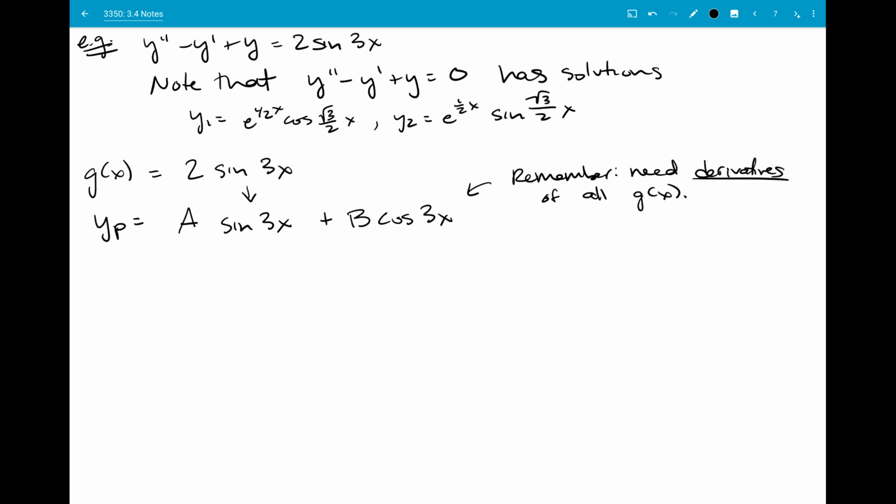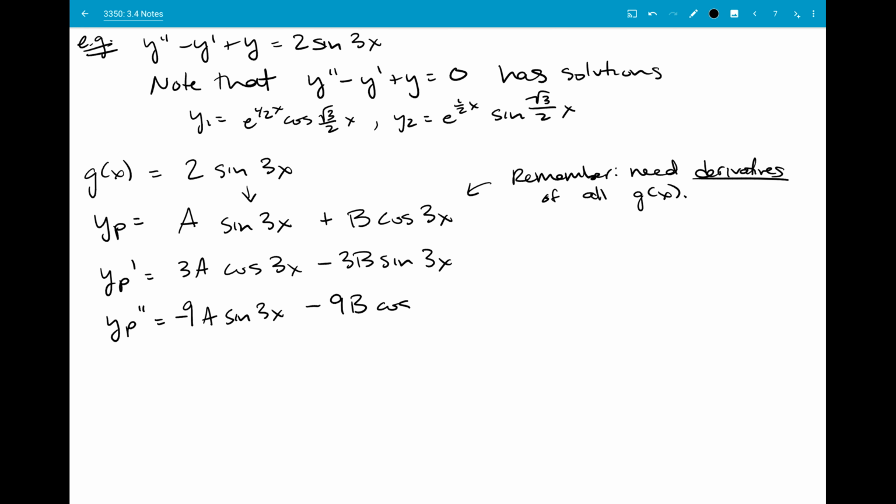All right, now that we have y sub p, our goal is to plug it into the differential equation. That means we're going to have to take derivatives of it. So let's do that now. y sub p prime is going to be 3a cosine 3x minus 3b sine 3x. And then y sub p double prime, since this is a second order equation, I'm going to need that as well, is going to be minus 9a sine 3x, that's going to give me a negative sign again, and then minus 9b cosine 3x.